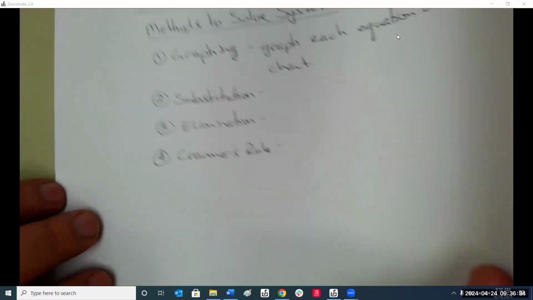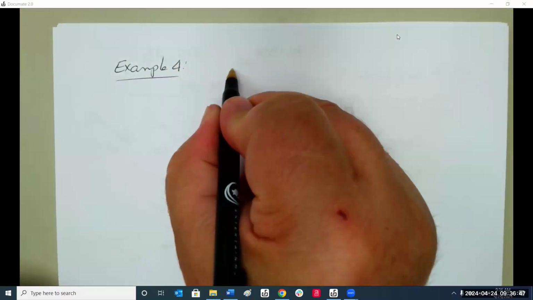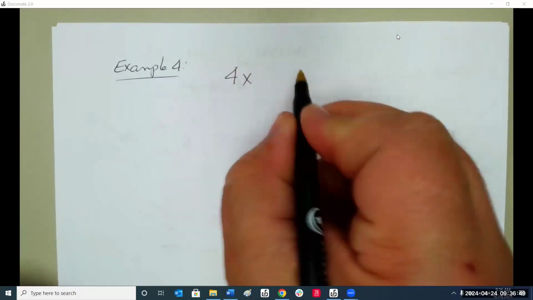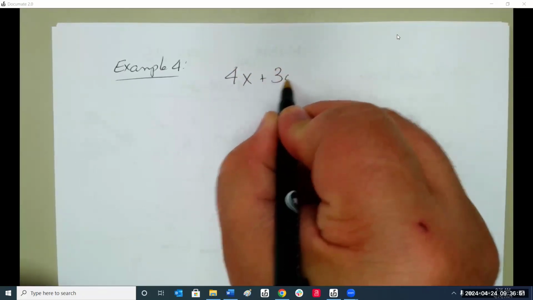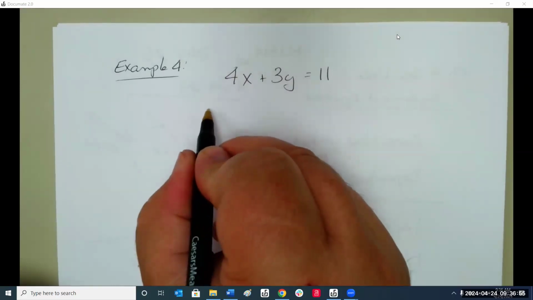So let's look at our examples. Here's example 4. Let's look at this one. We got 4x plus 3y equals 11. That's line 1.